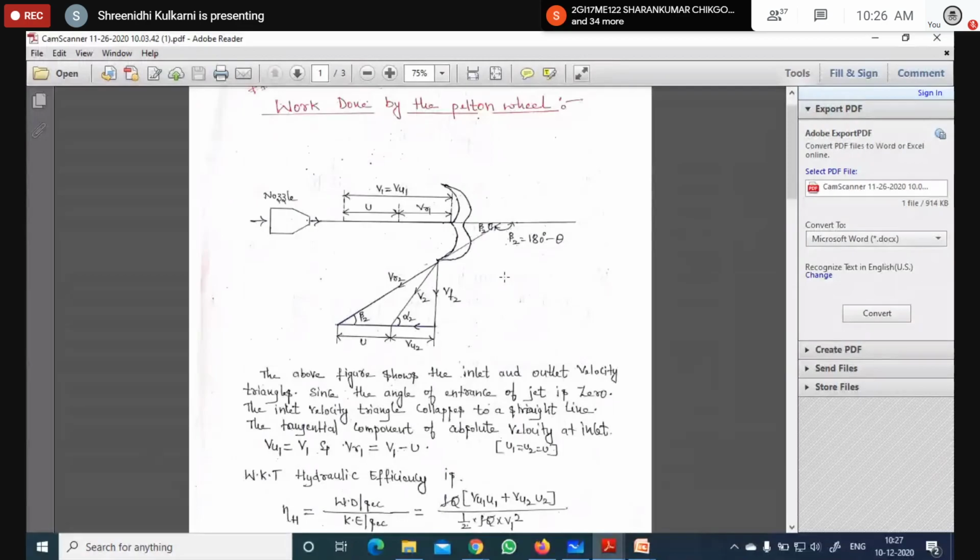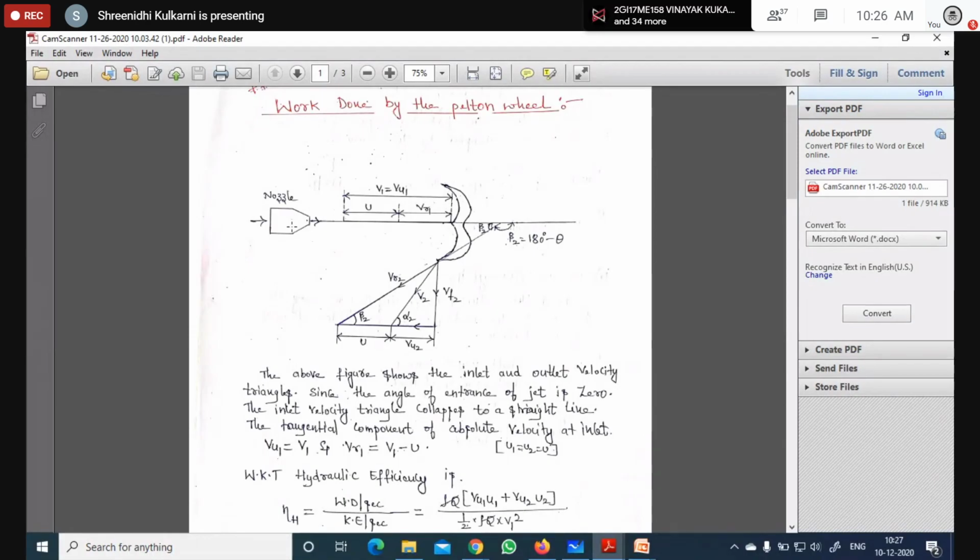See, the above figure shows the inlet and outlet velocity triangles. Since the angle of entrance of the jet is 0, which is 0? The angle of the nozzle. Why is it 0? Because it is a tangential flow type of fluid.